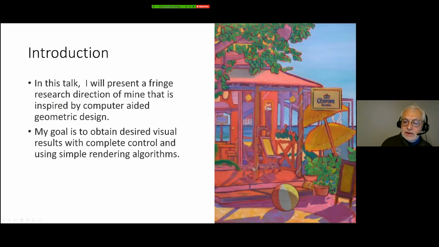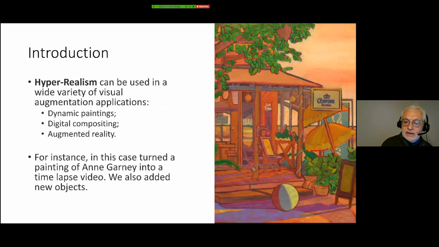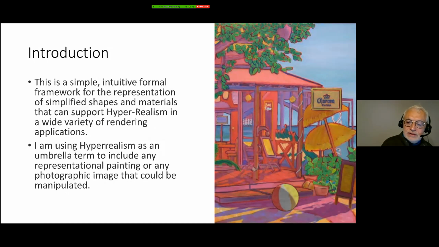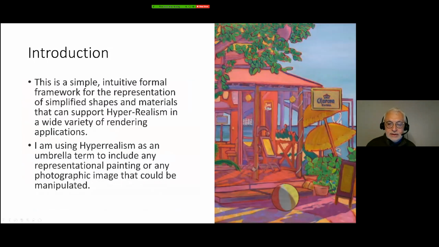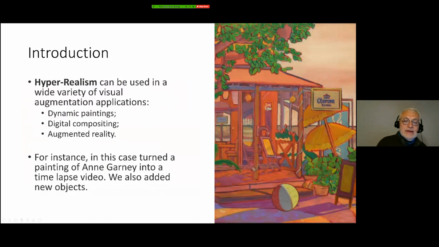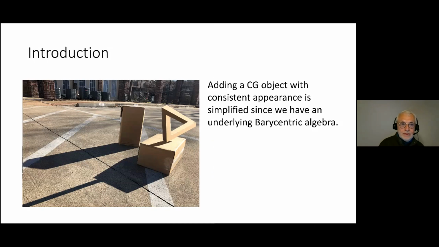We took the painting and not only added the one ball into it, there is also a sailboat. Actually, you don't see the sailboat here. I will show you that this becomes, in some sense, an enhanced painting. It is not the original painting anymore, but it looks like a painting. We not only add things, we also change the time of day, etc. How can we do it?